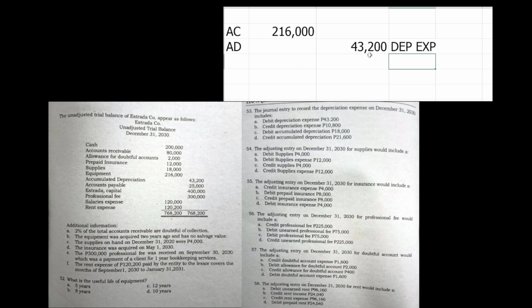So mangyayari para ma-compute natin yung estimated useful life ng ating equipment, itong 216,000 divide natin sa 43,200. Ibig sabihin, 5 years yung useful life ng ating depreciable asset. So, answer natin for number 52 is letter A, 5 years.